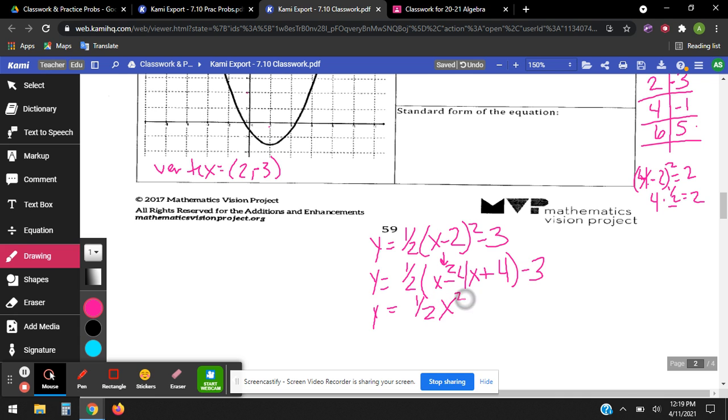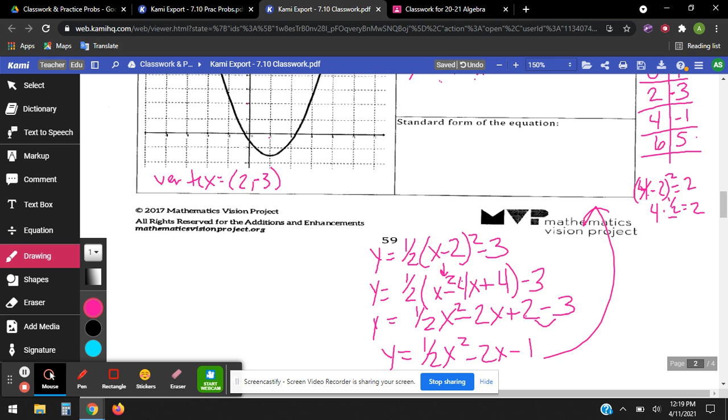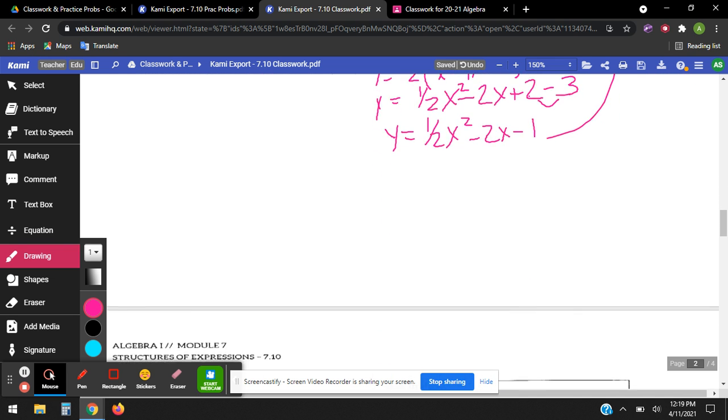Half x squared. Half of 4x is negative 2x. Half of 4 is plus 2 minus 3. So I simplify this to y equals 1/2 x squared minus 2x, and 2 minus 3 is -1. So this is my standard form: y equals 1/2 x squared minus 2x minus 1. And there's all my work, so make sure you have your work on here too.